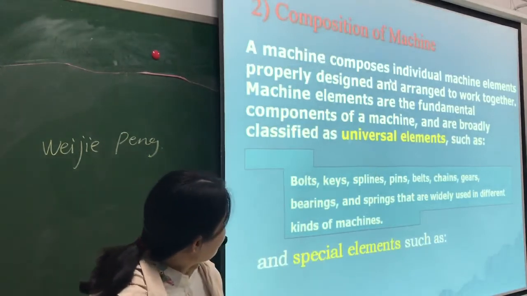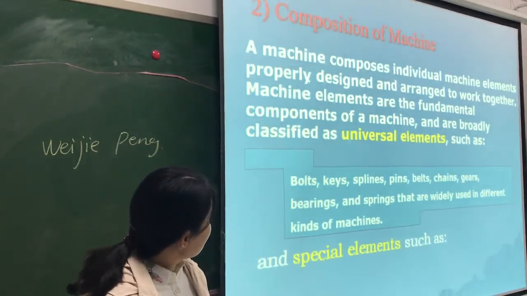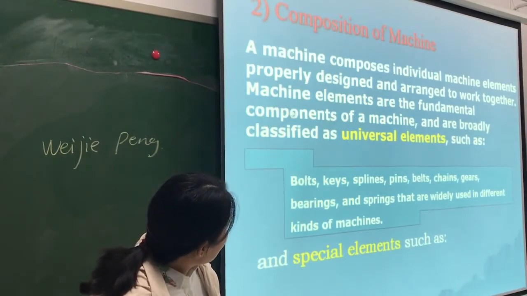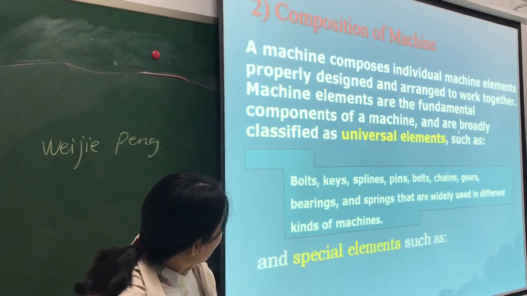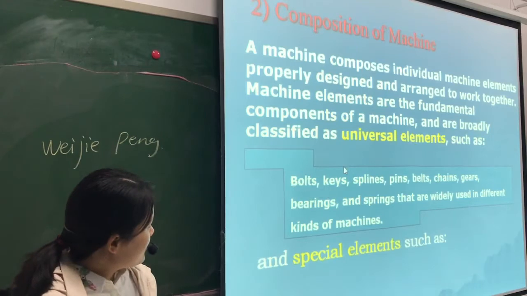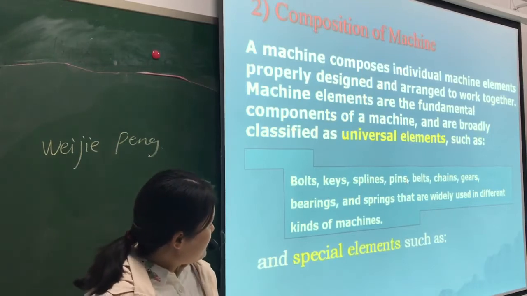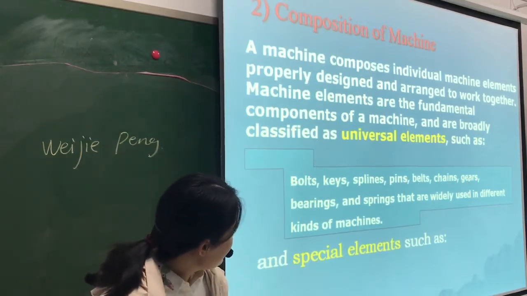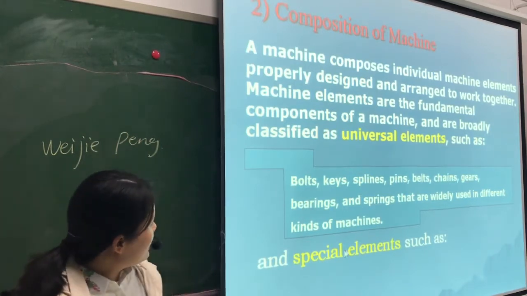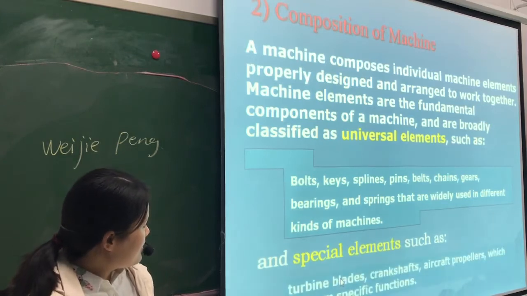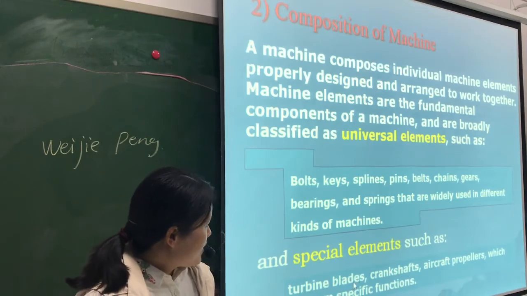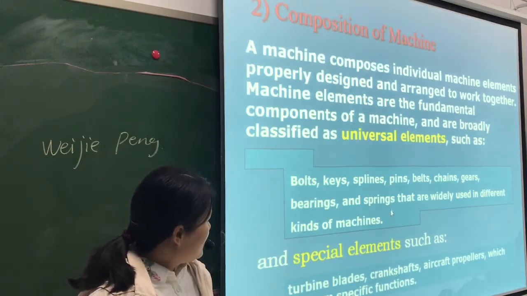A machine is composed of individual machine elements, and the components are classified as universal elements such as bolts, keys, splines, pins, belts, chains, gears, bearings, and springs, and special elements such as turbine blades and crankshafts.